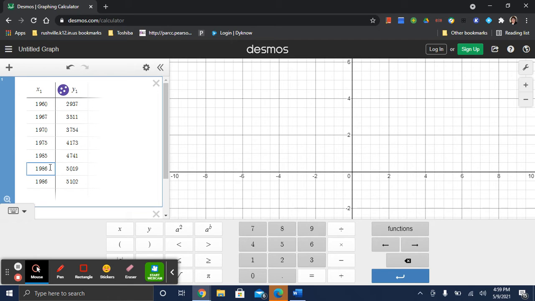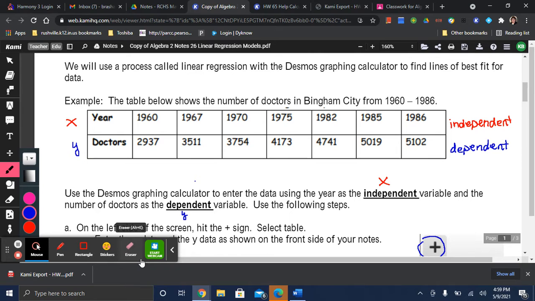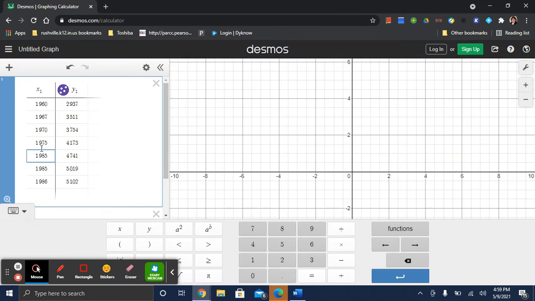This one goes with 1985. And I'll look to see what X I might have skipped. 1982, possibly. Yes. All right, so now I have my data entered.